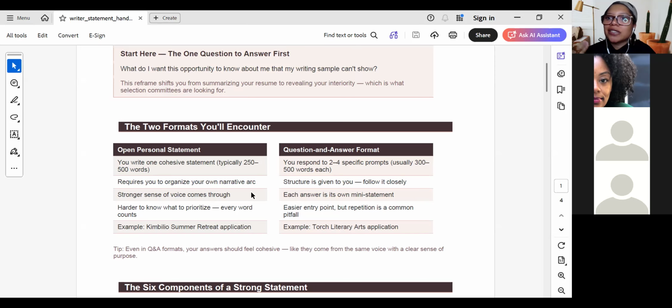Each answer has its own mini statement, which is cool because you don't have to have your own narrative arc. It's an easy entry point, but sometimes you can be repetitive in answering questions. For example, the Torch Literary Arts application had multiple questions versus just one artist statement. So even when you're doing Q&A, it should feel cohesive, like they come from the same voice with a clear sense of purpose.